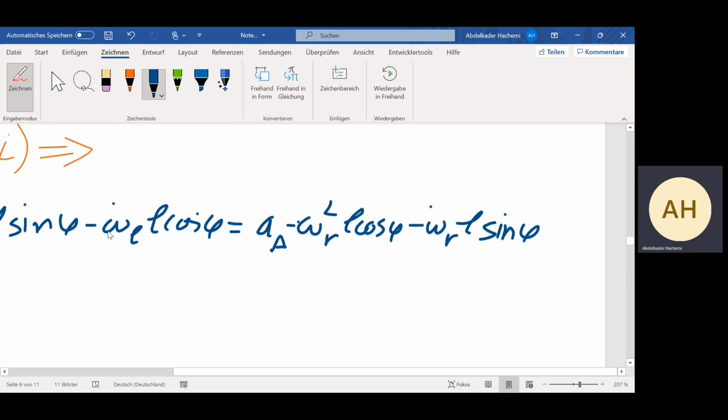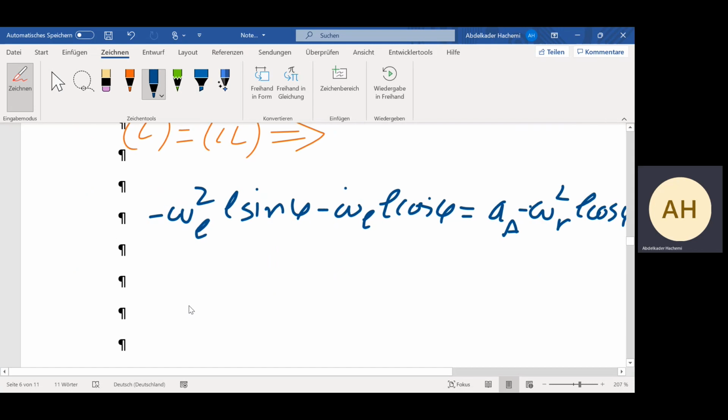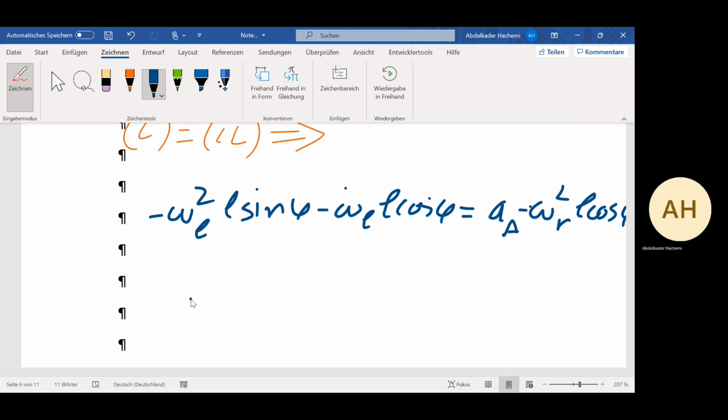and the second one that we have here, omega L square.